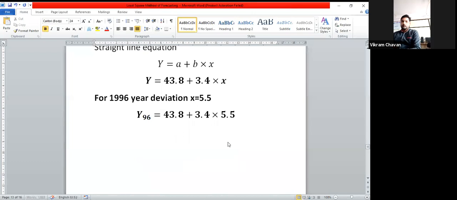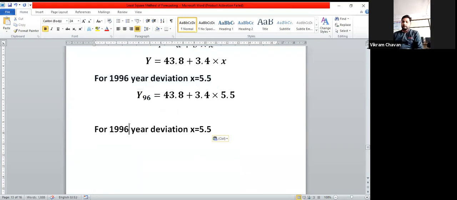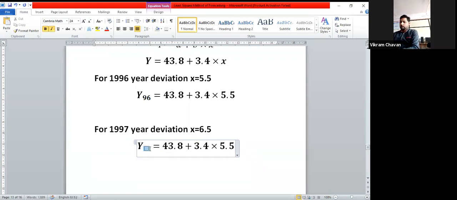Similarly, you can calculate for 97. Here x should be 6.5, and the equation should be y97 is equal to 43.8 plus 3.4 multiplied by 6.5 for the 97 year.